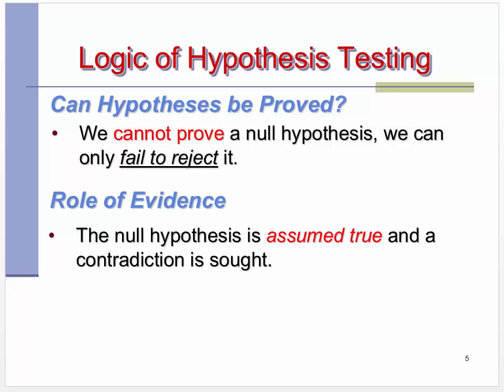If we cannot prove the person is guilty, he is presumed to be innocent. So the role of evidence is that the null hypothesis is assumed true and the contradiction is sought. It's just like in the criminal justice system, where the person is presumed to be innocent until found to be guilty.